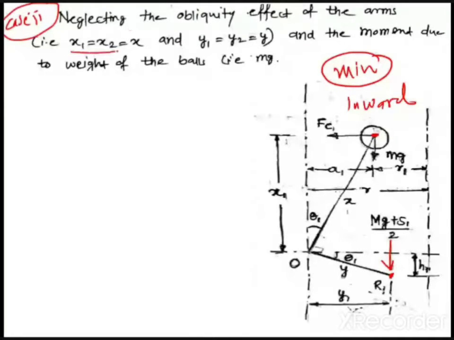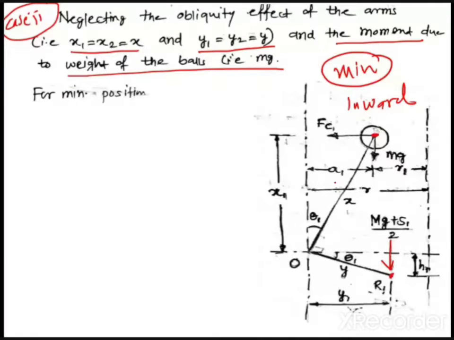You are considering x1 is equal to x2 is equal to x, and y1 is equal to y2 is equal to y. And the moment due to the weight of the balls, that is mg, is neglected. We are not considering this moment, that is mg multiplied by a1. Is it correct, guys? Have you understood the difference between the two cases, the obligatory effect and neglecting the obligatory effect?